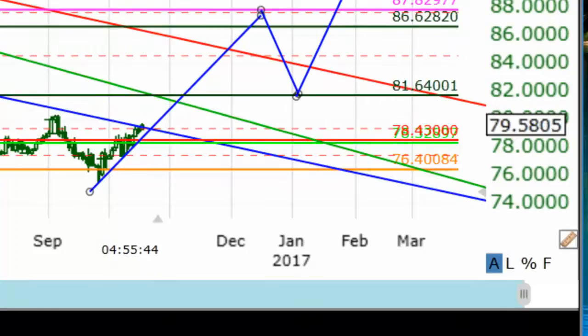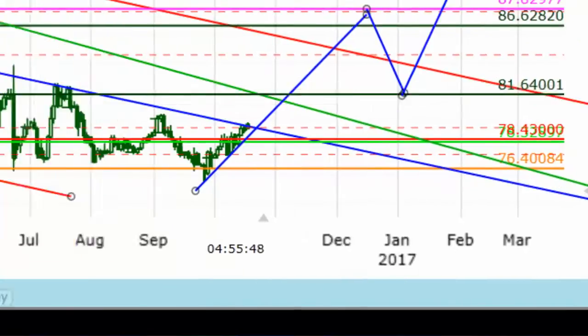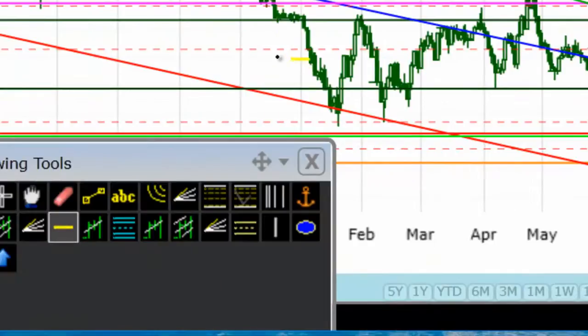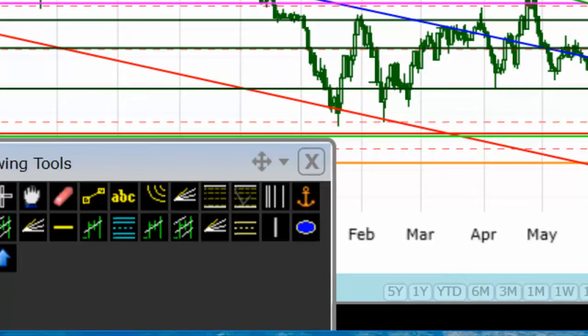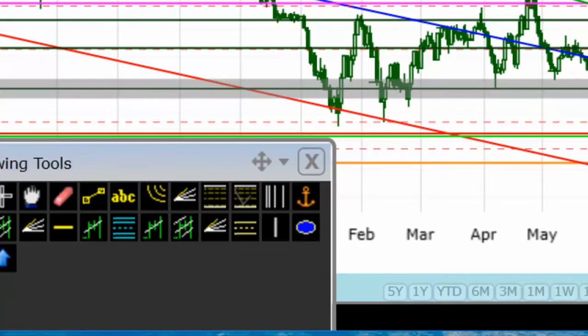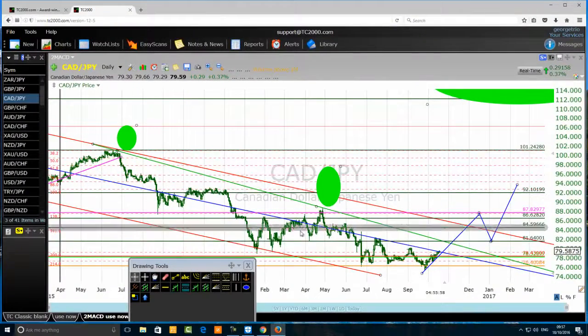You see, there was also a consolidation here, between the pink line and the black line, or one of those. So break above, retest, go all the way above the pink line and retest it, or break above and retest this one here, somewhere here.